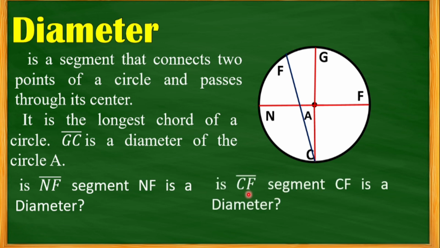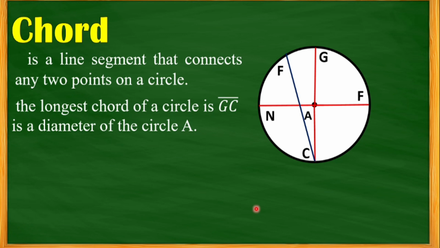Segment CF. Is this a diameter? No, because it is a chord. A chord is a line segment that connects any 2 points on a circle. We cannot classify this one as a diameter.